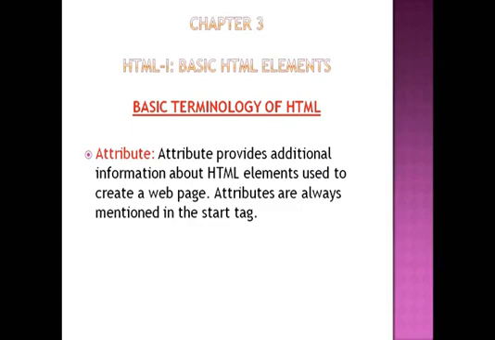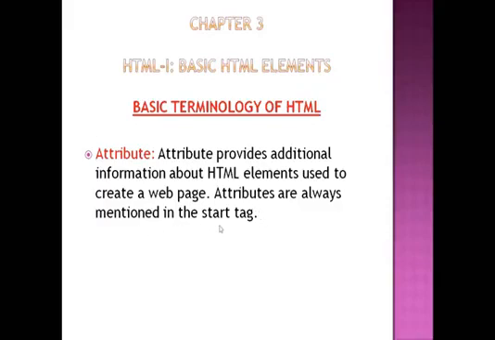Now here is one important point: attributes are always mentioned in the start tag. We have learned that attributes help us provide additional information or extra features to an HTML element. And one thing we have to keep in mind is that attributes are always mentioned in the start tag.